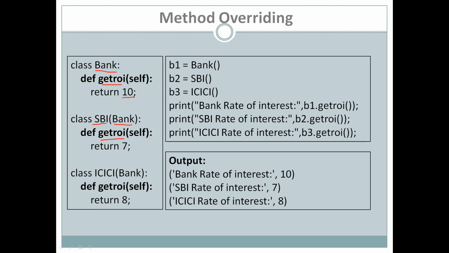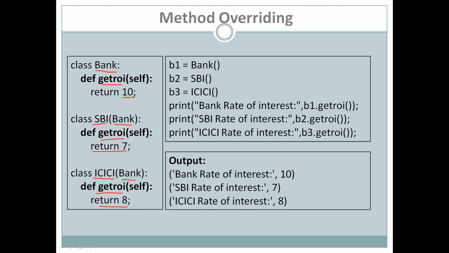You can see the same method has been rewritten in SBI, but with a specific implementation: in SBI, getROI returns the value 7. We also have one more class, ICICI, which is also inheriting Bank and has overridden the method get rate of interest, and here it returns the value 8.